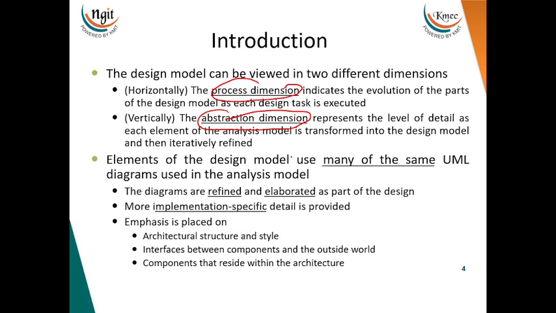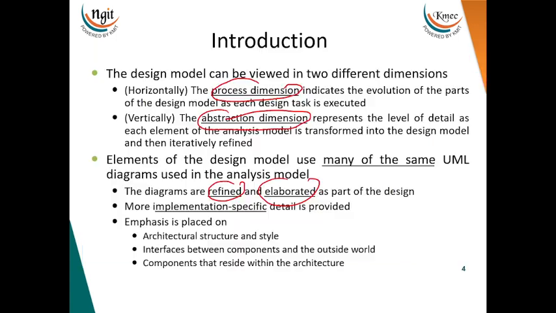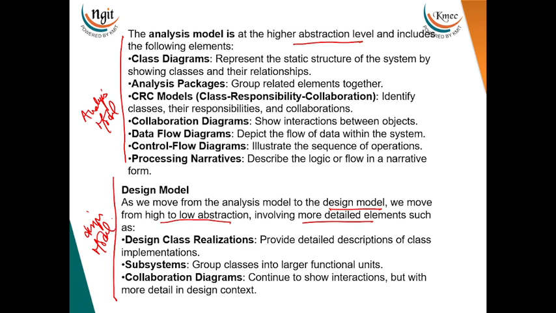And the next part is that the diagram is refined, re-refined and elaborated as part of the design. As you move down you re-refine it, and as you re-refine, you get all the details available. Implementation specific, we have architectural, structural design, interface, and component design, the components that reside within the architecture.